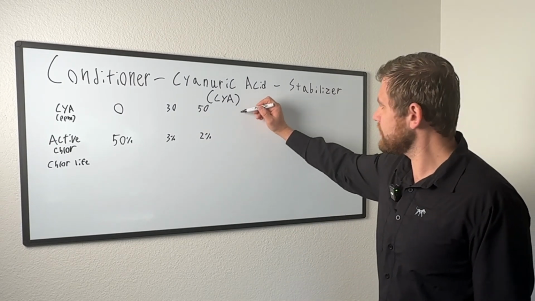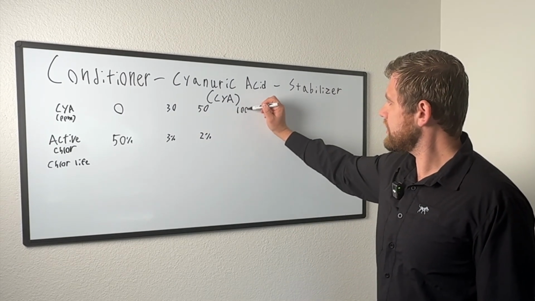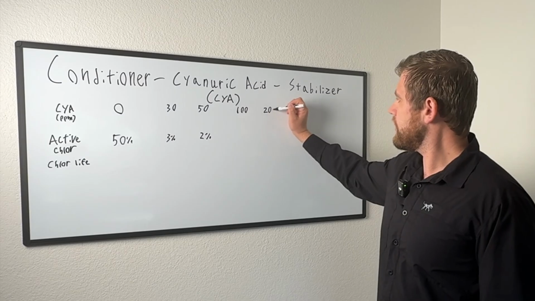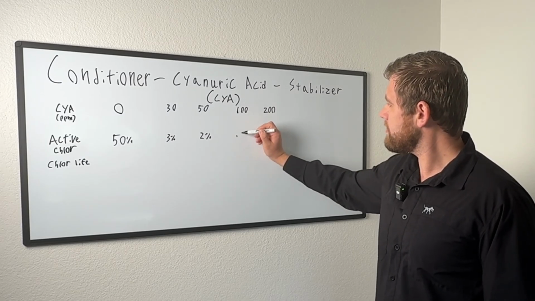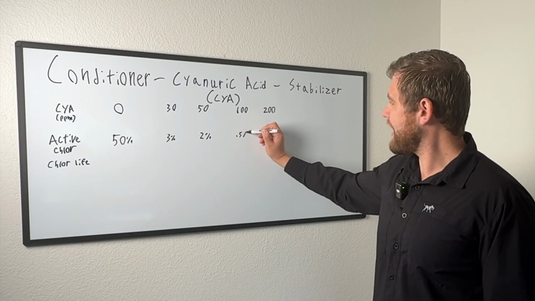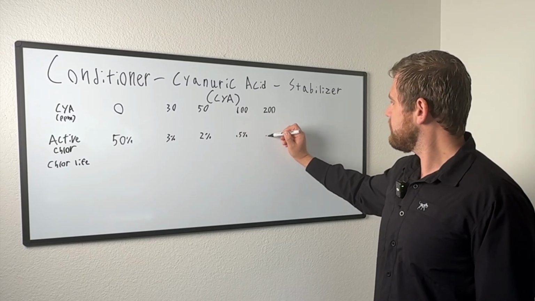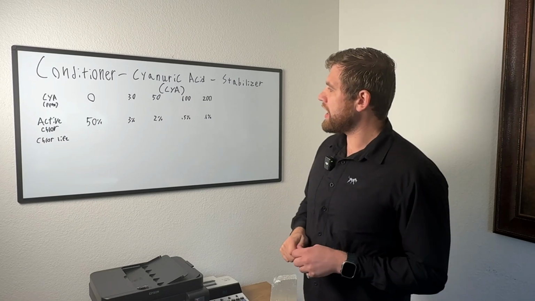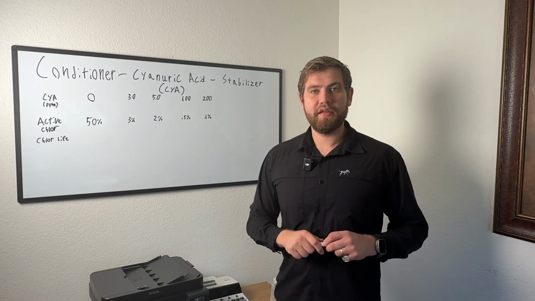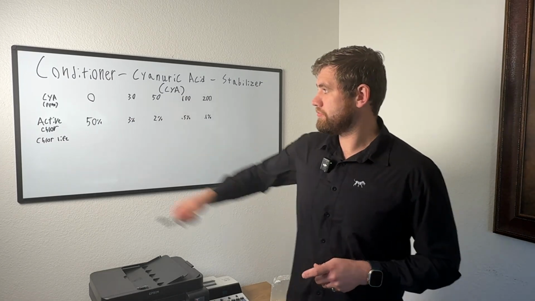And at conditioner levels of 100 to 200, you have active chlorine of about 0.5 to 0.1%.